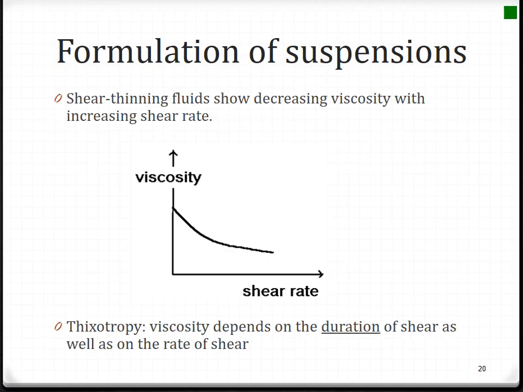Many polymer solutions and suspensions show shear thinning behavior, which means the faster they are stirred, the less viscous they become. Some polymers and clays also confer thixotropy, which means that the longer the liquid is stirred, the less viscous it becomes. Suspending agents that are pseudoplastic and thixotropic are useful in the formulation of suspensions.